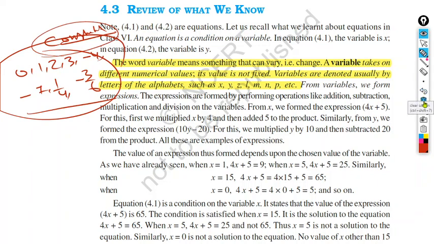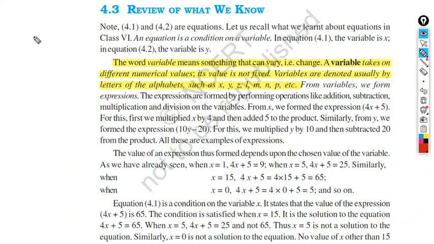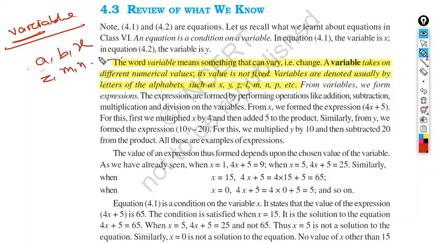Now, the second term was variable. What was variable? From the name again, you can see it is something whose value is varying. Whose value is varying, we can call a variable. For example, we normally denote variables by alphabets, like a, b, x, or z, m, and whatever you can write like this.